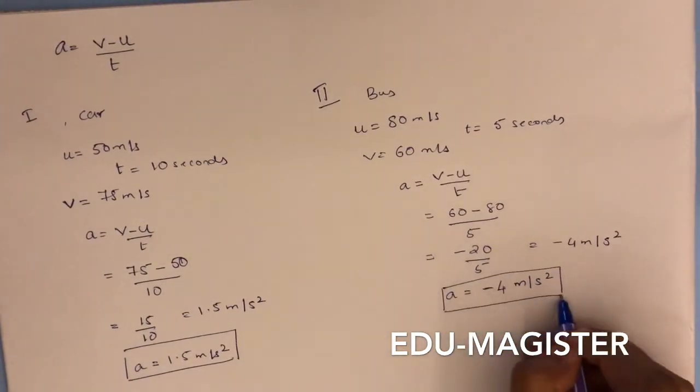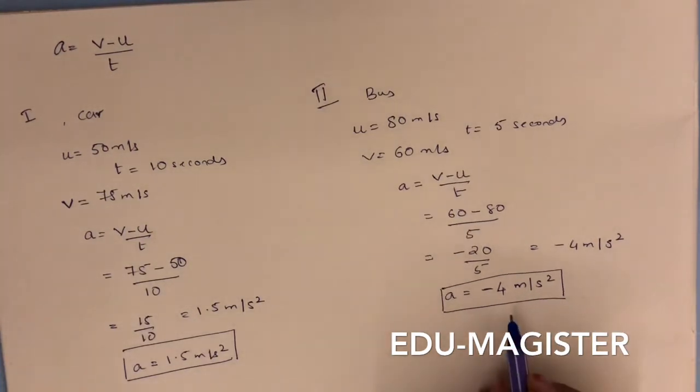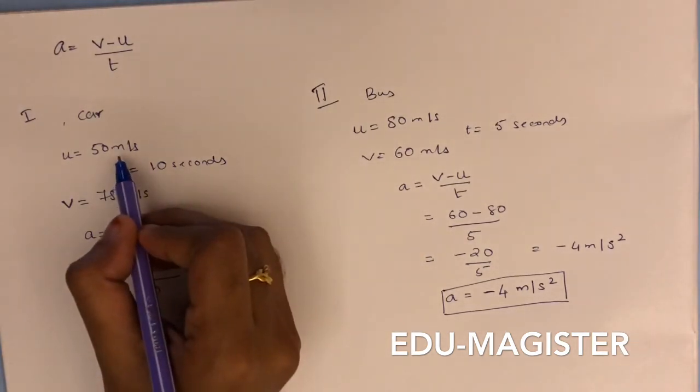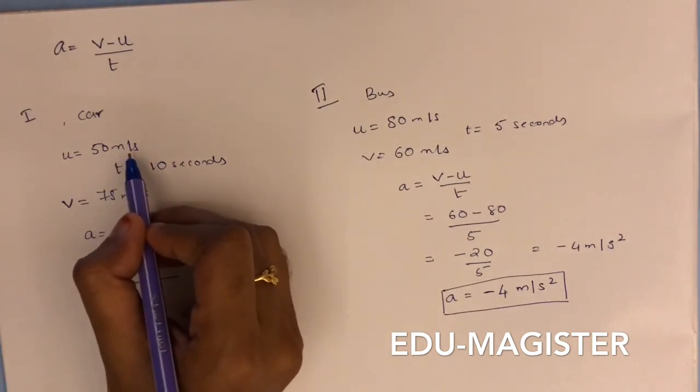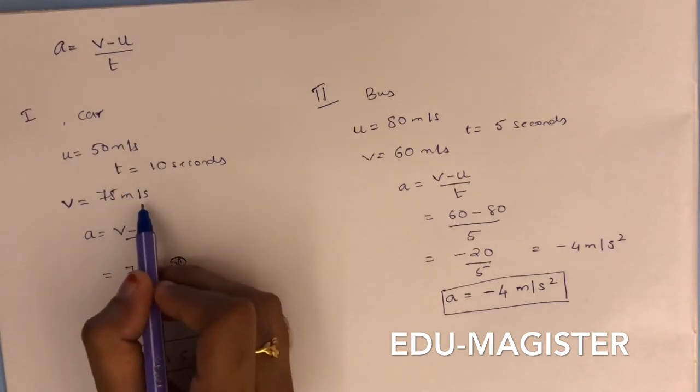Alright. So why is there a change in sign for the acceleration in the first scenario and in this second scenario? What has happened? In the first case, the car was initially at 50 meters per second, and then it increased its speed to 75 meters per second.